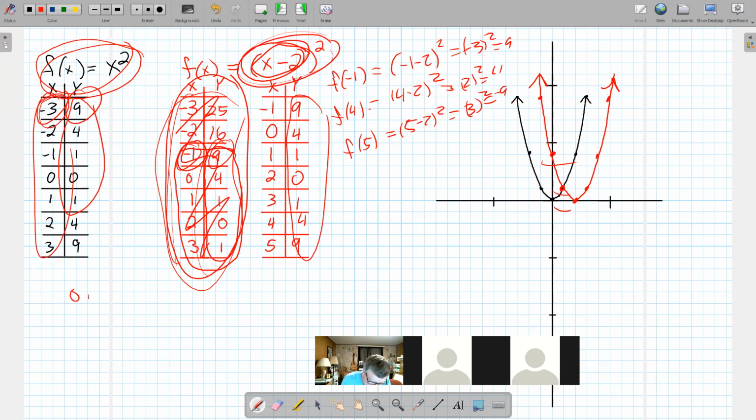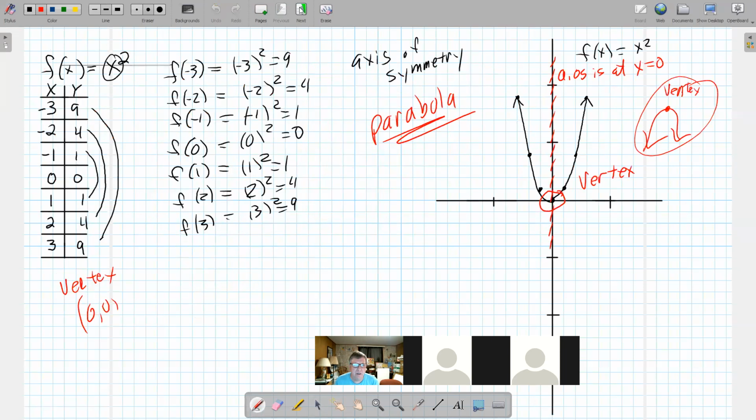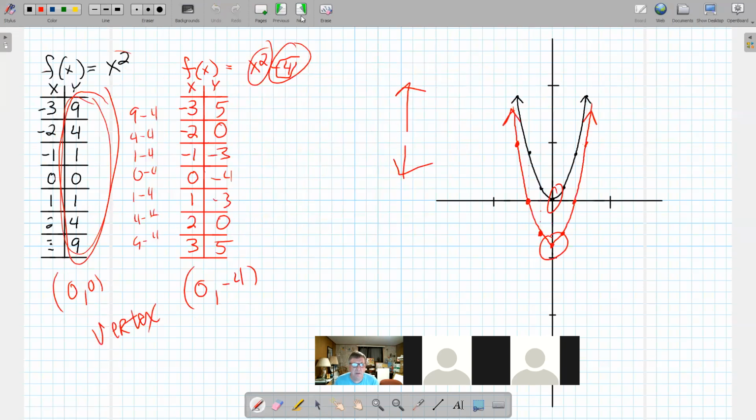So here the vertex is at (0, 0). Here the vertex is at (2, 0). So a -2 inside shifted it in a +2 direction. Well, that's kind of weird. Let's go back. A +3 outside moved it up 3. A -4 outside moved it down 4.